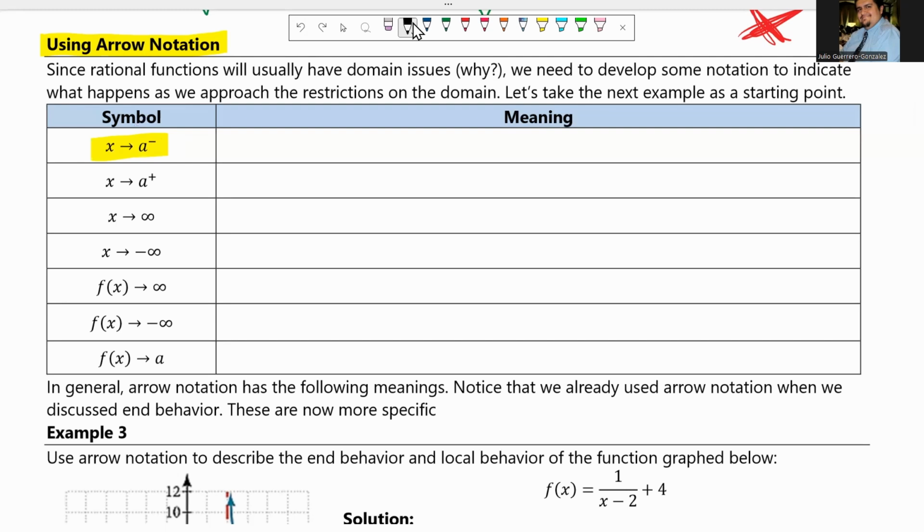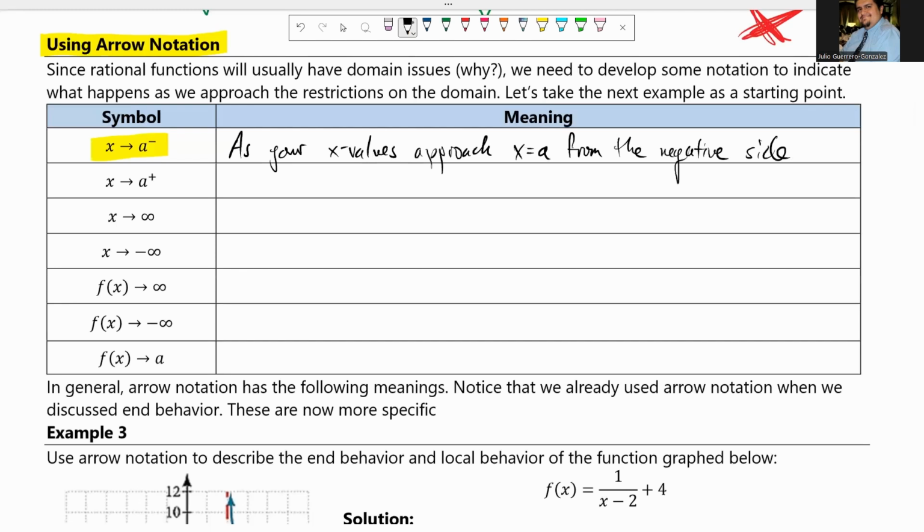What that means is as your x values approach a value x equal a from the negative side, okay? So let me write it out, right? As your x values approach x equal a from the negative side, okay?